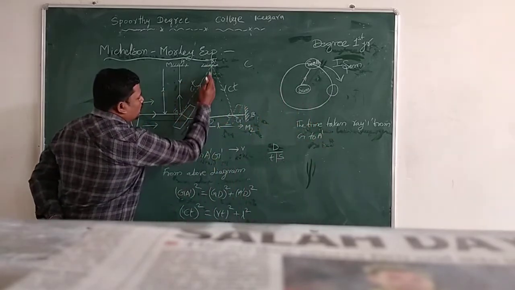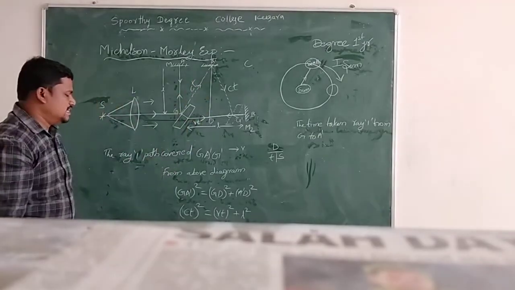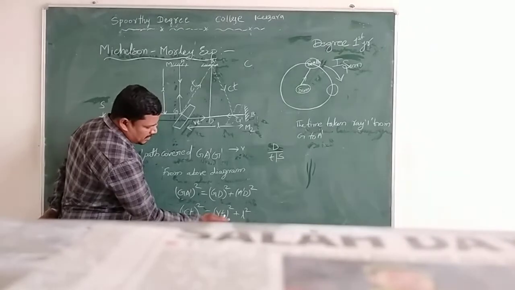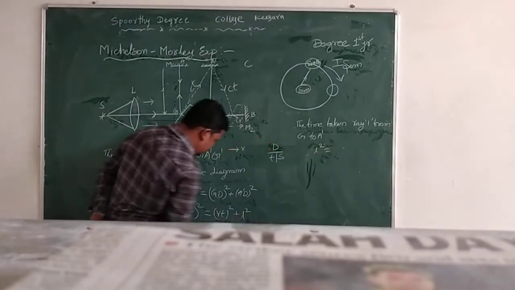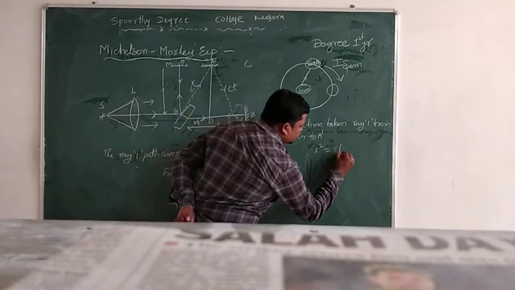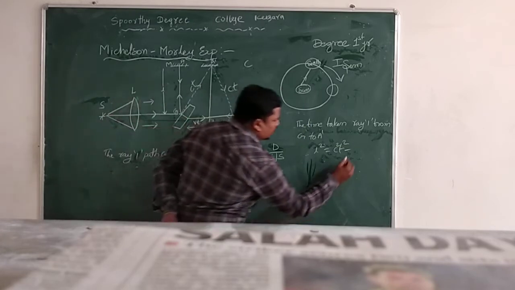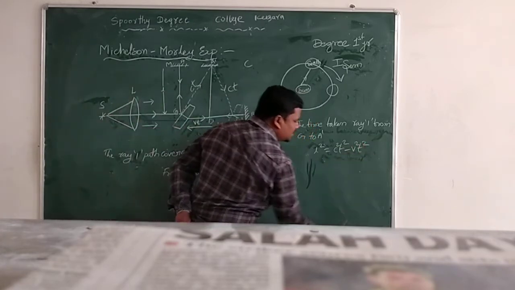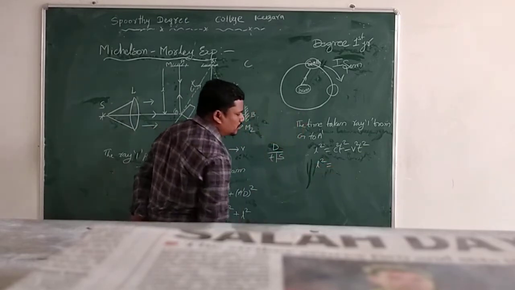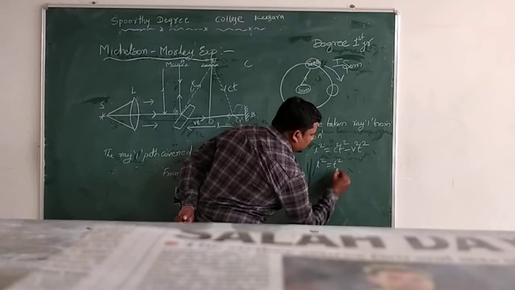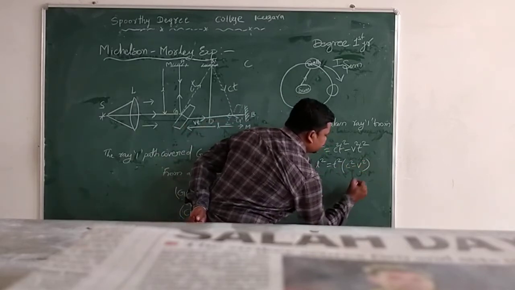That means one right angle. Then CT square equals VT square plus L square. L square equals CT square minus VT square, that is C square T square minus V square T square. Which one is common in this? T square is common. Then L square equals T square times C square minus V square.